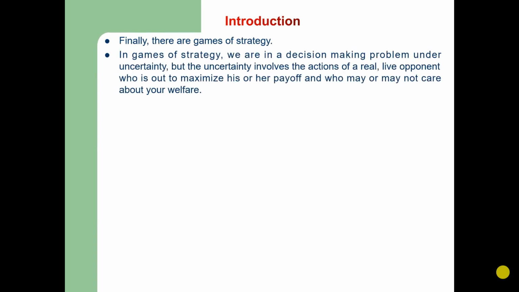Finally, there are games of strategy. In games of strategy, we are in a decision making problem under uncertainty. But the uncertainty involves the action of a real, live opponent who is out to maximize his or her payoff and who may or may not care about your welfare or our welfare.